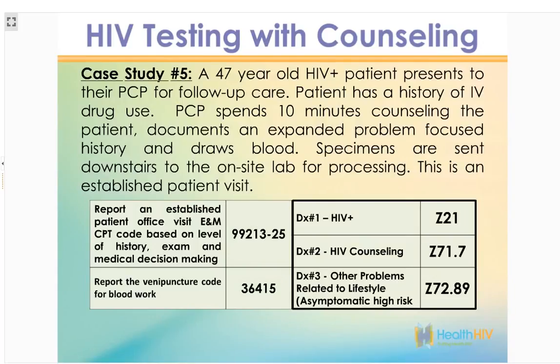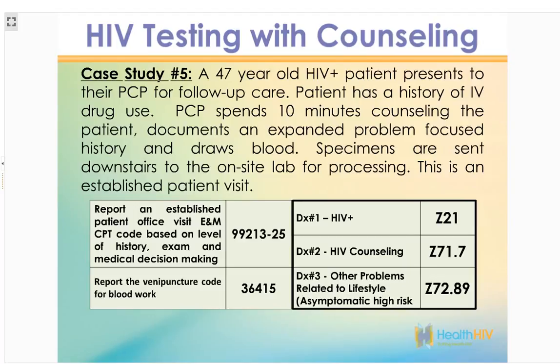This is an established patient coming in for HIV testing with counseling. So your established patient codes, your E&M codes for these services, will be determined based upon the level of history, exam, or medical decision-making. So this is a patient who's HIV positive.